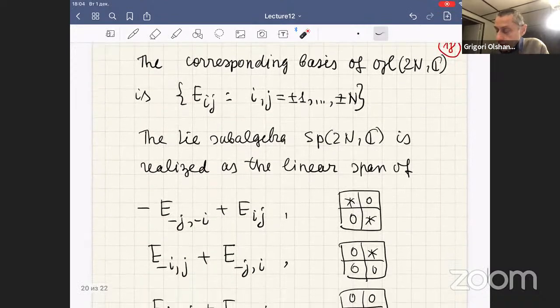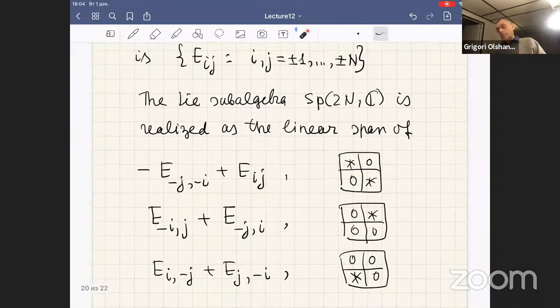So a convenient basis for a symplectic Lie algebra is as follows. I assume that i and j are positive. Such matrix units. So what does this mean? These elements are of a form: some matrix unit here, and some matrix unit here.